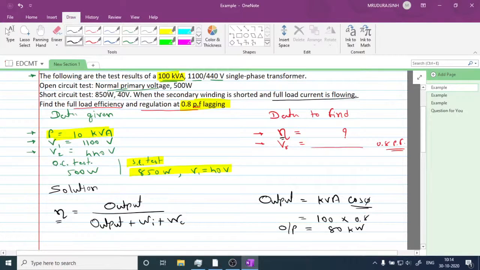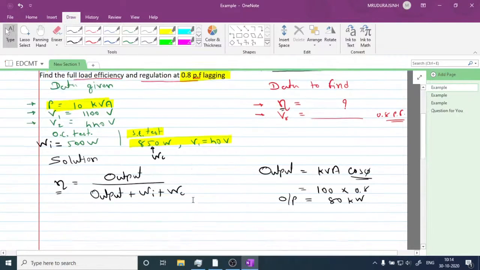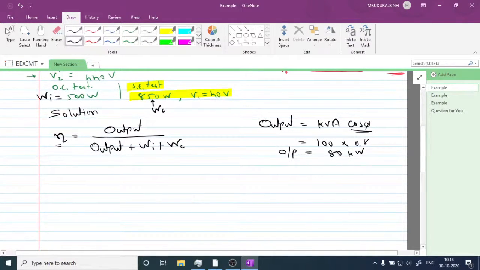The data given in the OC test, that is 500 watt, is nothing but the iron loss, and this 850 watt is nothing but the copper loss. These two amounts are in watts, so we need to convert them into kilowatt and write.